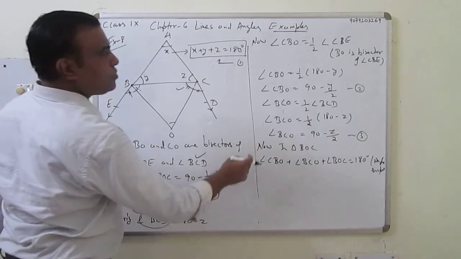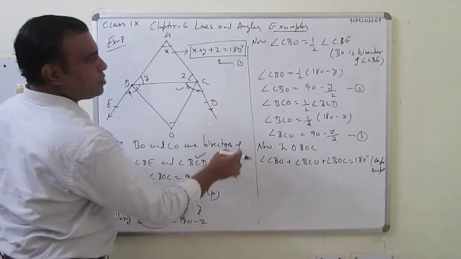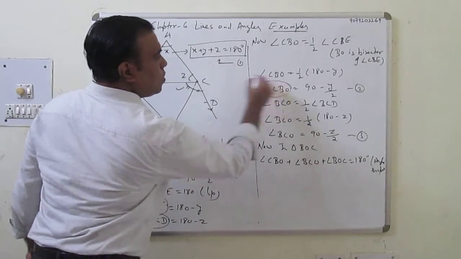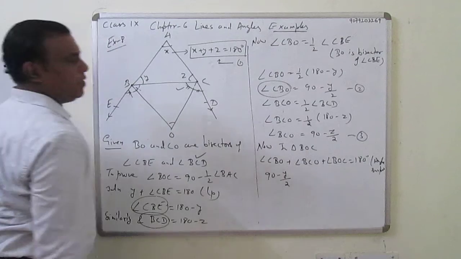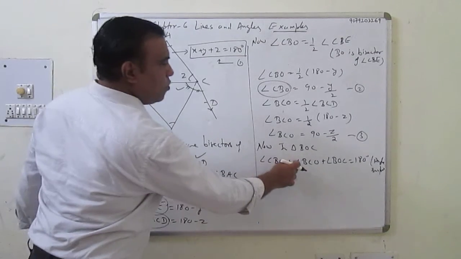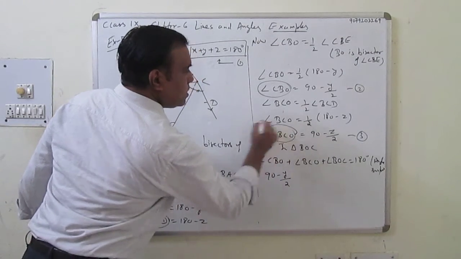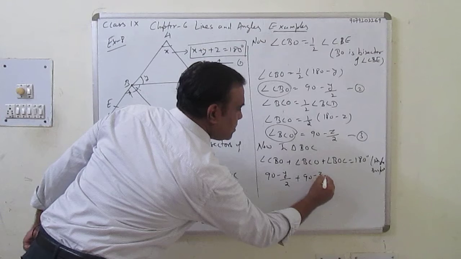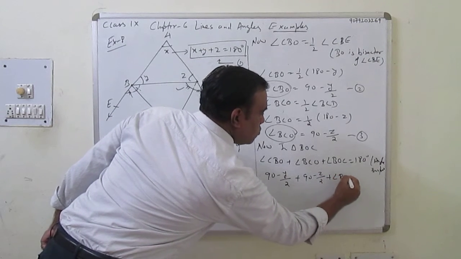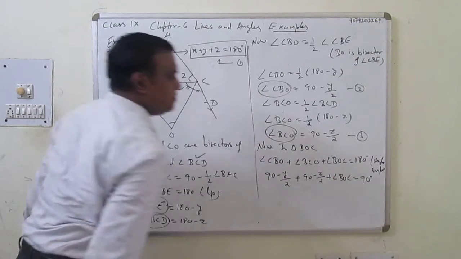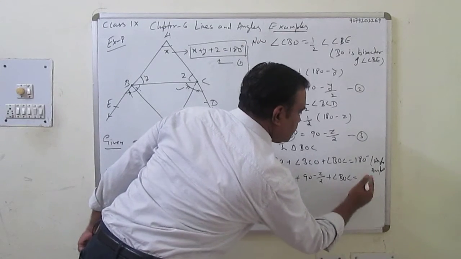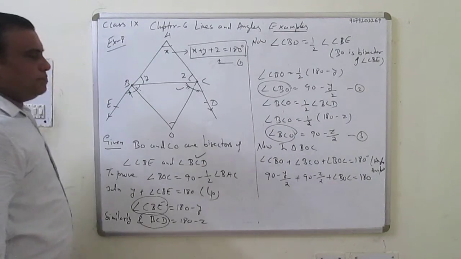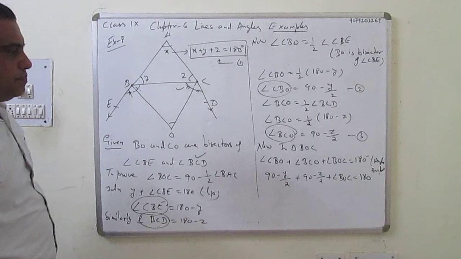Now what is the value of CBO? From equation 1, CBO is 90 minus Y by 2. BCO is 90 minus Z by 2, plus BOC is equal to 180 degrees.